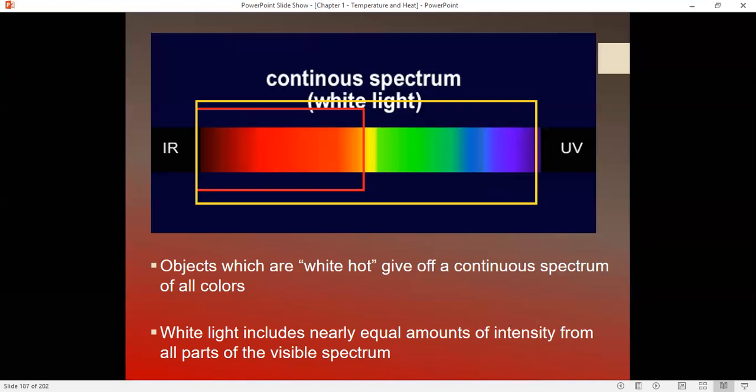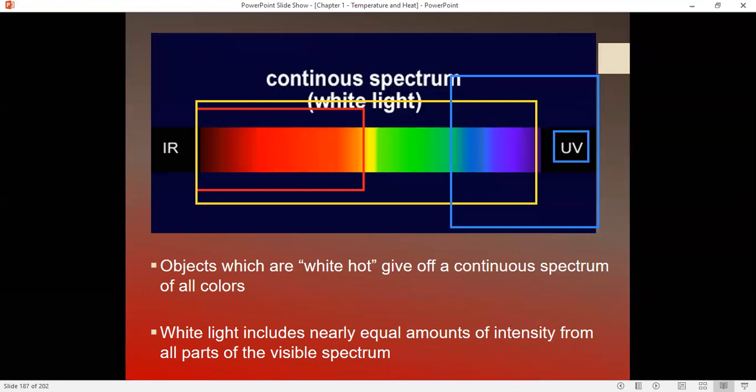The hottest things, like blue stars, like welding tools, they are so hot that they give off sort of a bluish glow, and they're dangerous because they give off a lot of ultraviolet light.